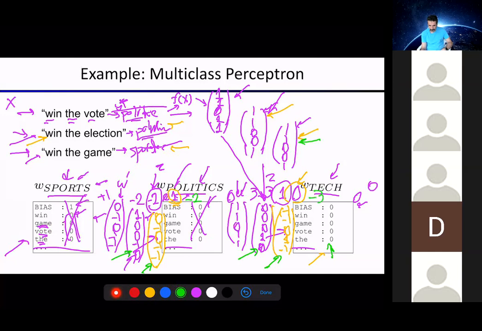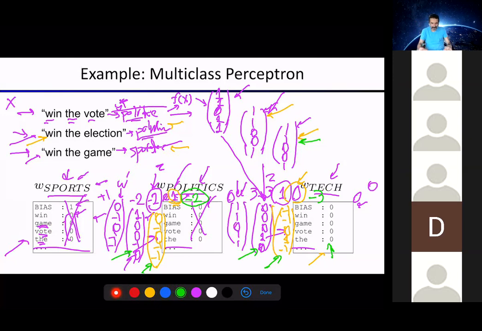Which one does it select? It selects the sport, right? Is it correct? It's correct, so for the third example, it is correct. Are we done? No, we want to go ahead because we made one mistake in this round. So we go again until we make no mistake.